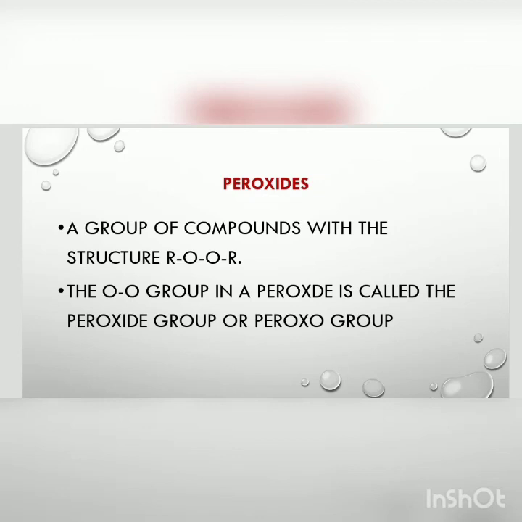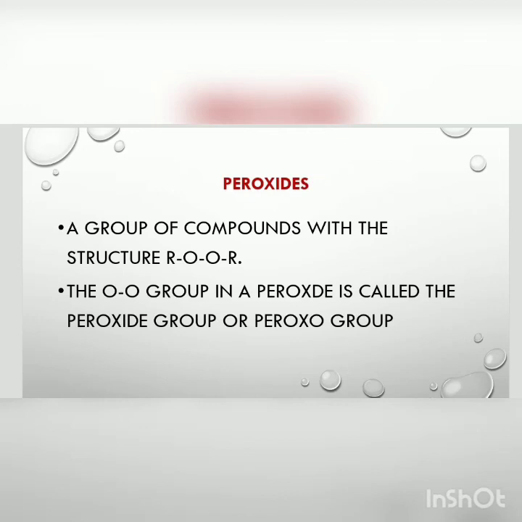So O2 2- ion is known as peroxide ion. It may be regarded as salts of a very weak acid. For example, hydrogen peroxide. The examples are sodium peroxide, that is Na2O2. It is a bleaching agent.